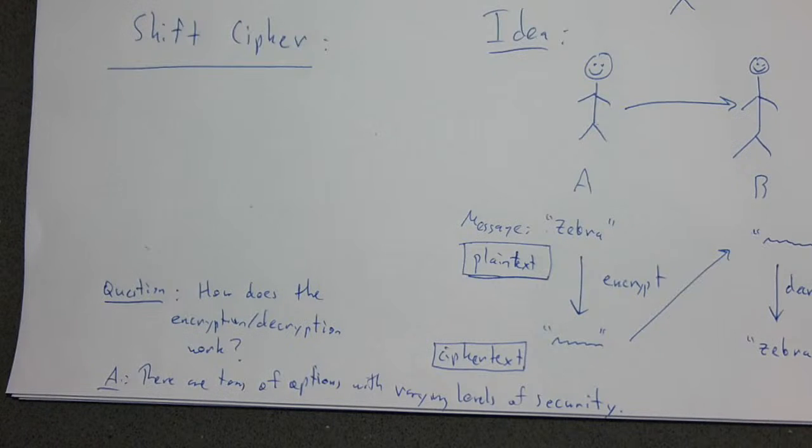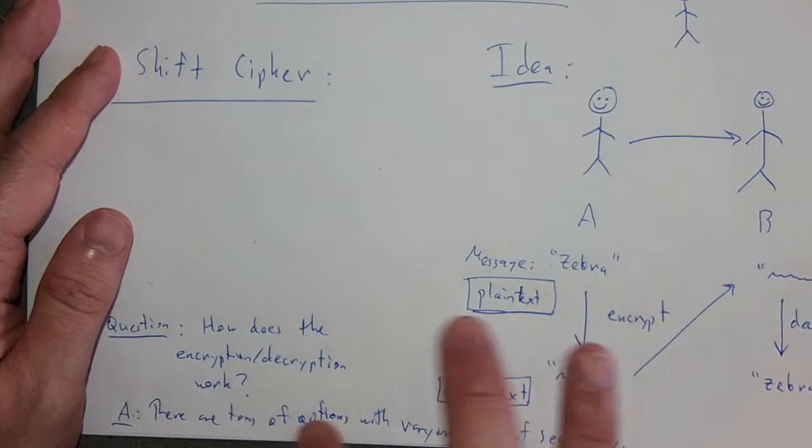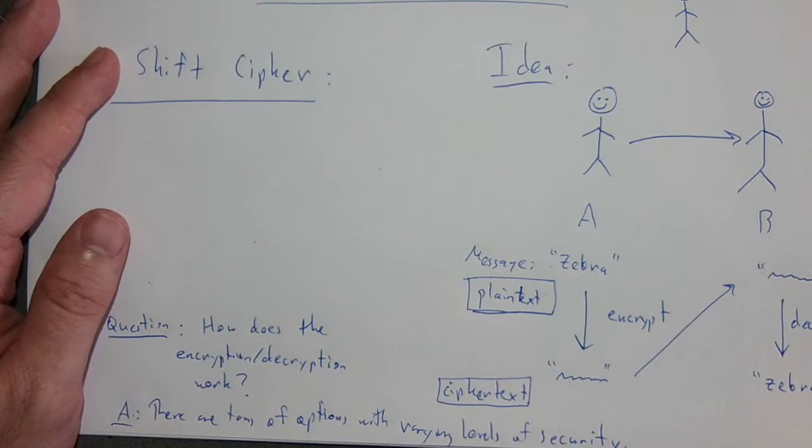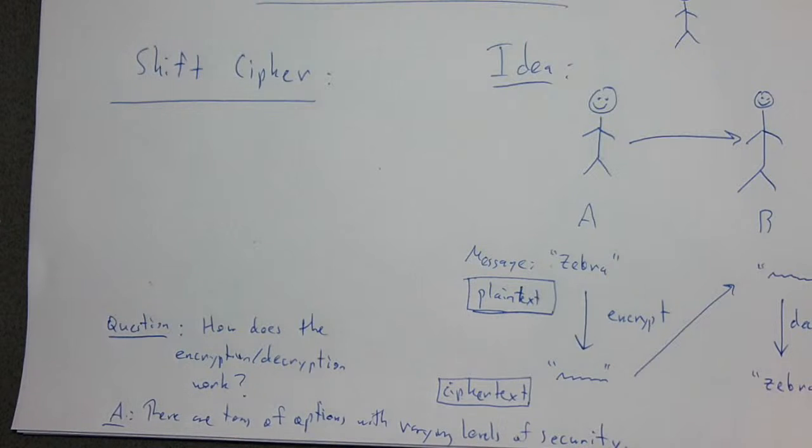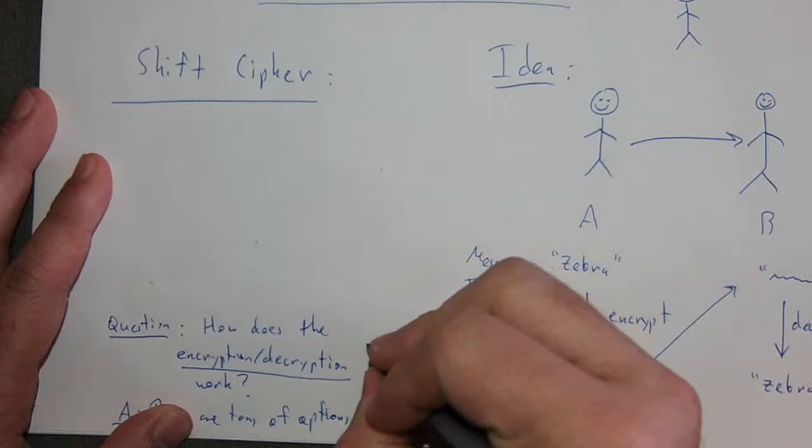Some of these have been used since antiquity to encrypt messages. One of the first things that we'll talk about was supposedly used by Caesar, and Augustus also used a different version that was very similar. There's a lot of options here. But the thing is that the method of encryption, decryption, requires a key.